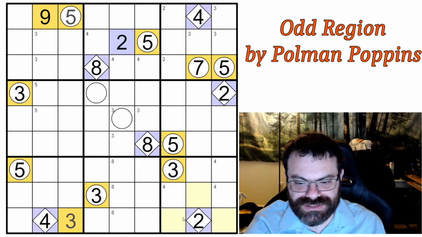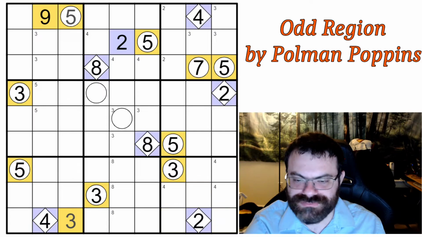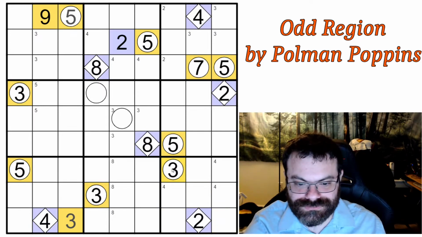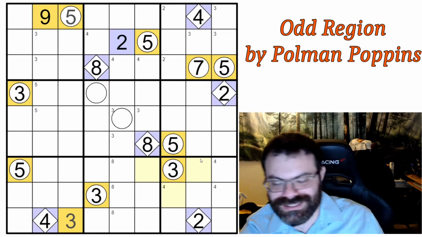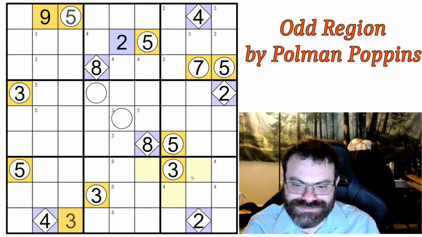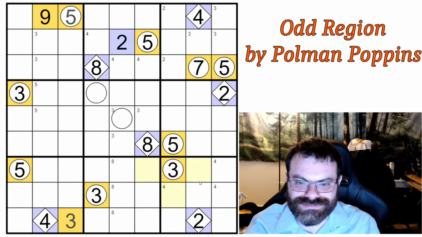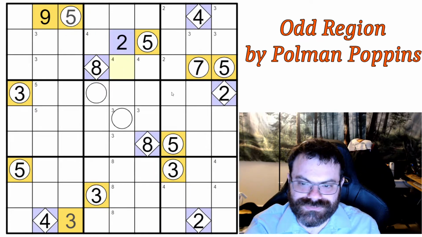Only one of these is even. So this 3 already sees 2, so it only gets 1. So again, only one of these is odd. One of these is odd.